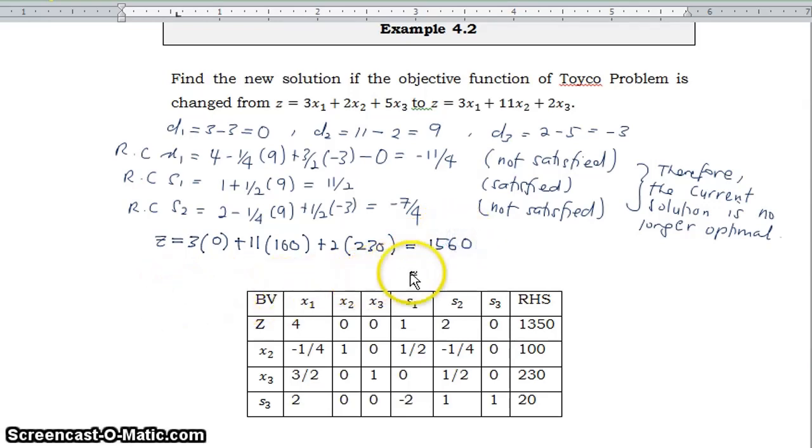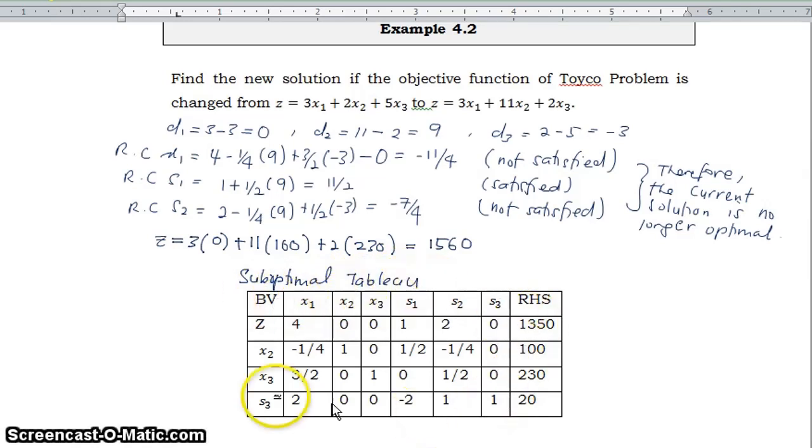We need to use this new z and also the coefficients of NBV in the optimal tableau of the original problem. Now the optimal tableau of the original problem becomes a suboptimal tableau.